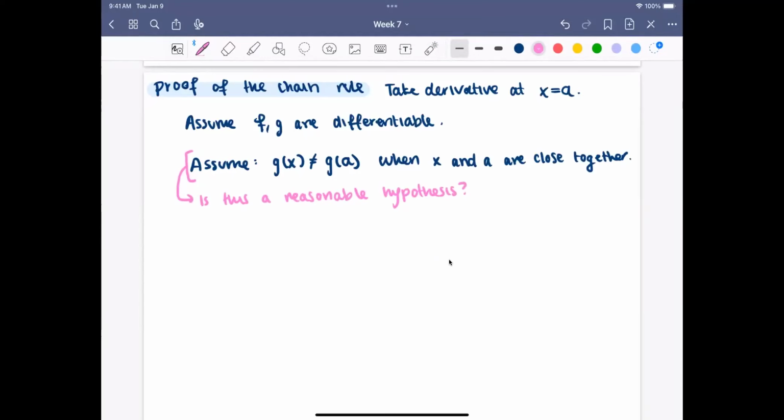Yeah, so constant functions fail. What else fails that hypothesis?